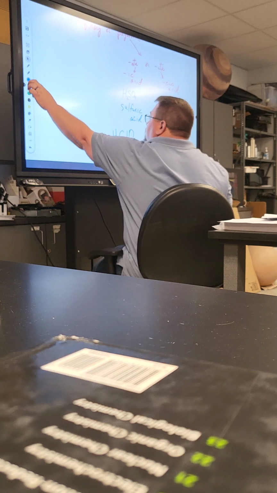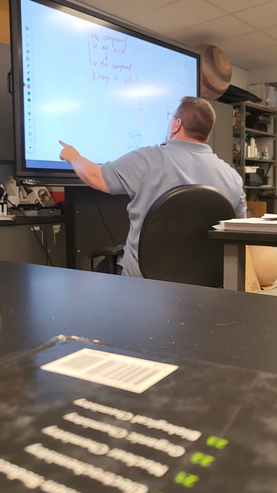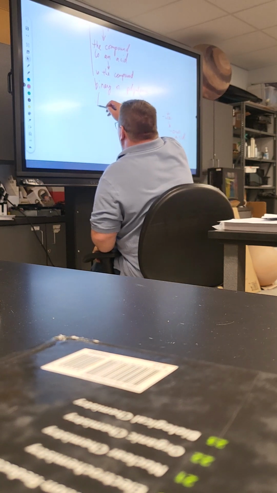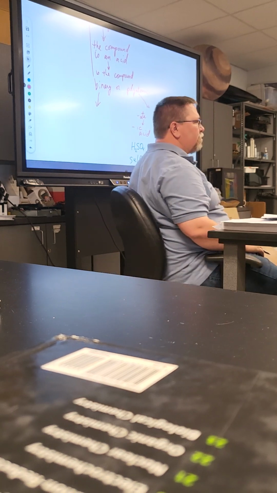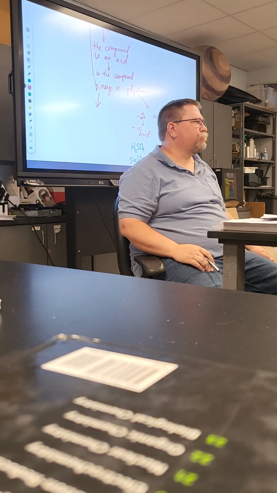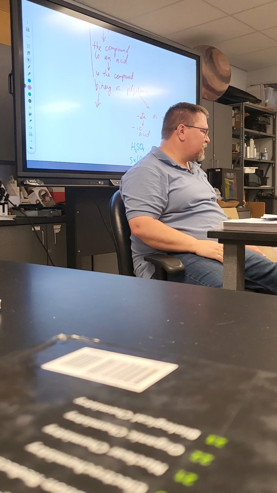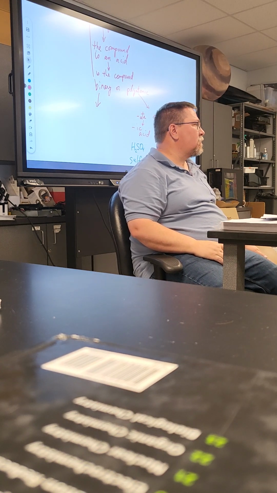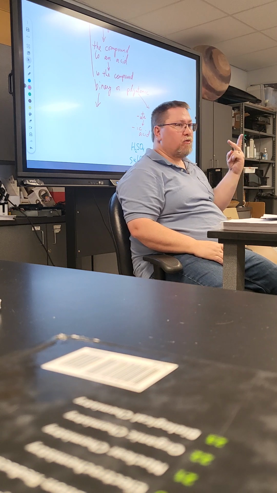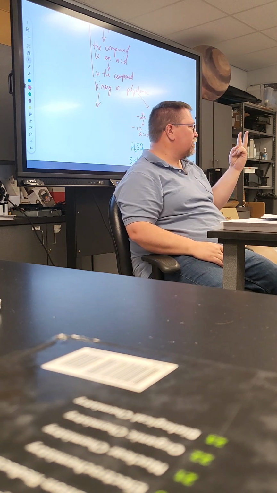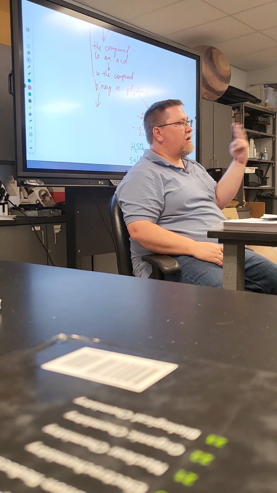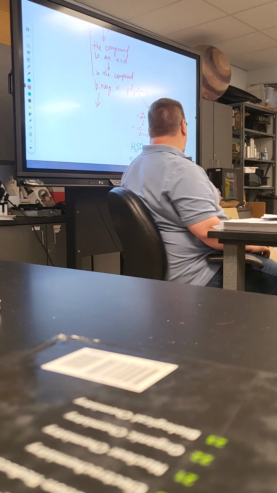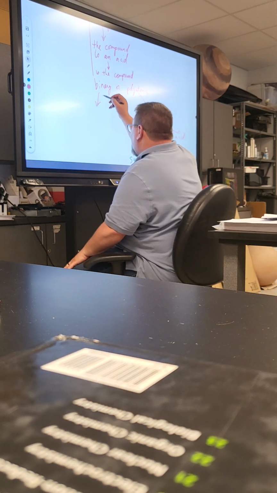Let's go back up to the binary ones then. What does binary mean? Bi, 2. For example, binary code is written entirely in ones and zeros, only 2 characters, 2 symbols. Binary means 2, so in this case we're talking about 2 elements.